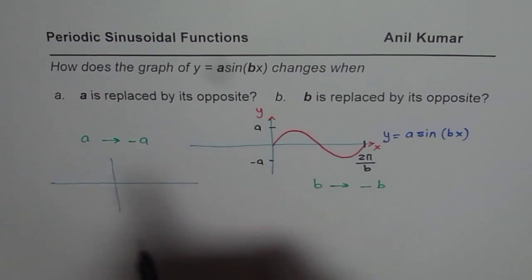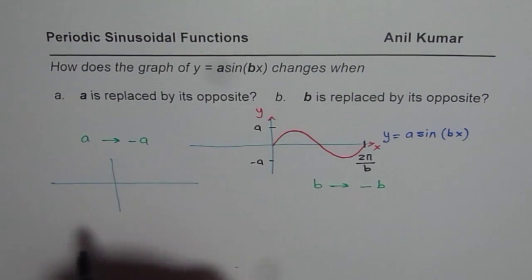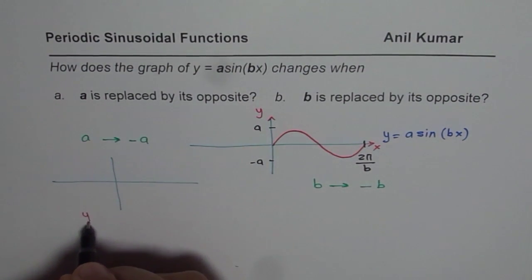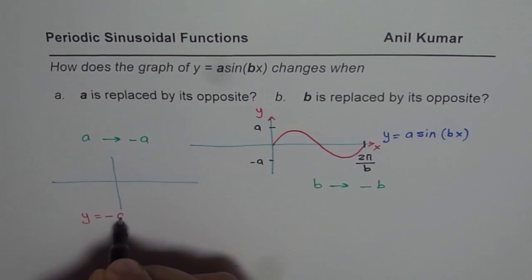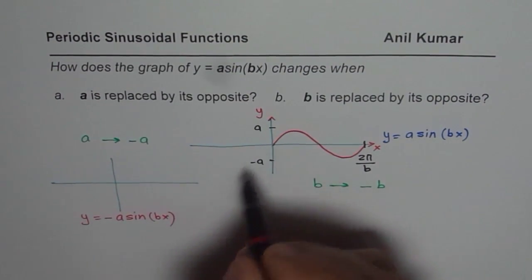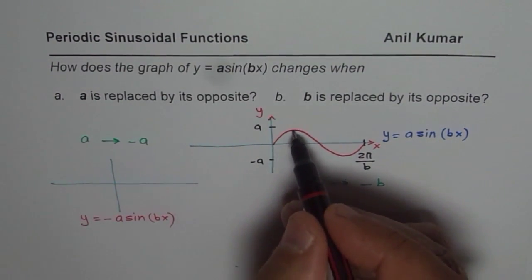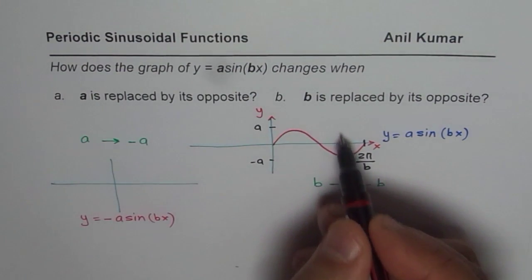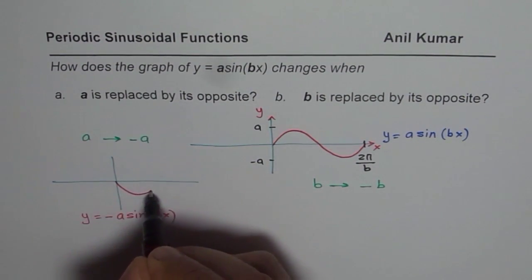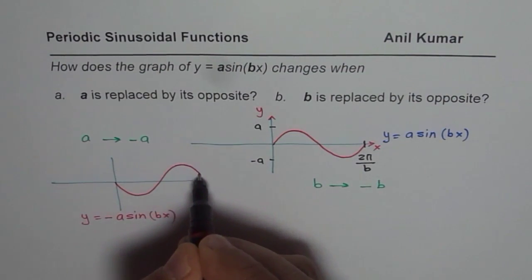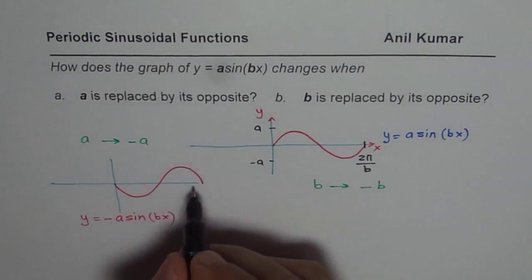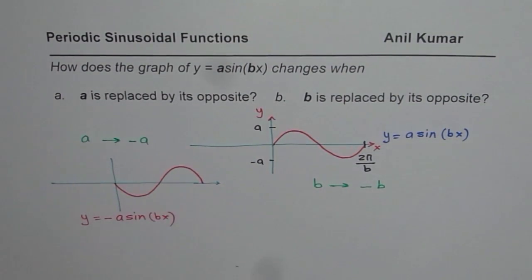Let me write the same equation again: y equals minus a sine bx. Then the minus makes the y values the negative of what they were, so the graph gets reflected on the x-axis. The graph becomes like this. That is what you expect when you replace a with minus a.